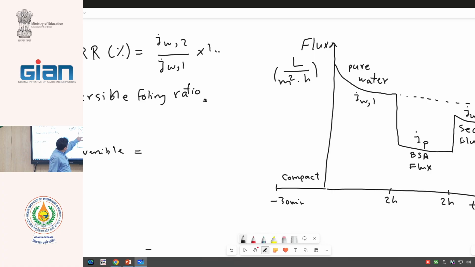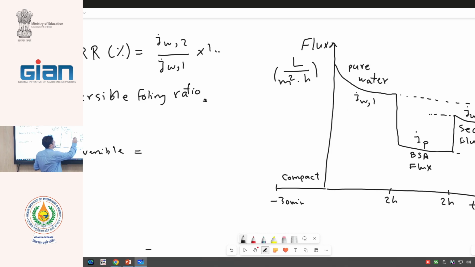Reversible: with the test of the protein, the pressure is reduced, the flux is reduced, and after washing, this amount is recovered. This amount is reversible.